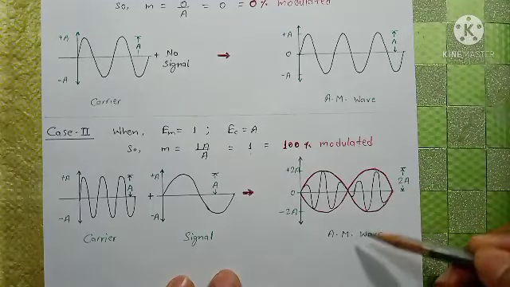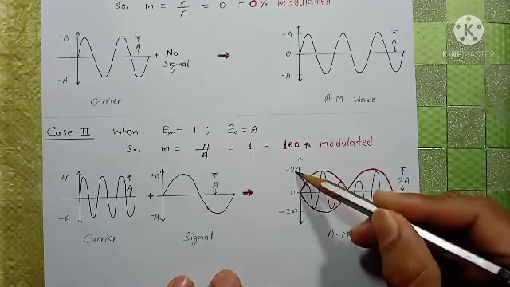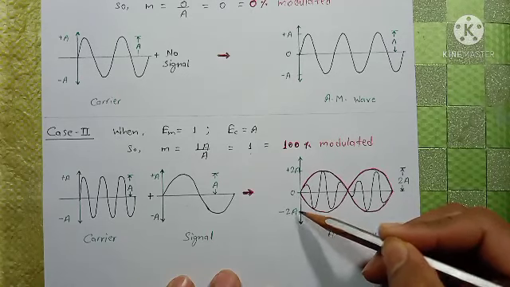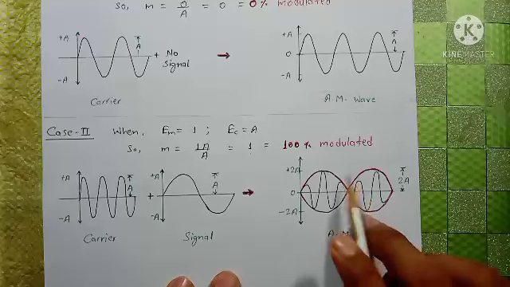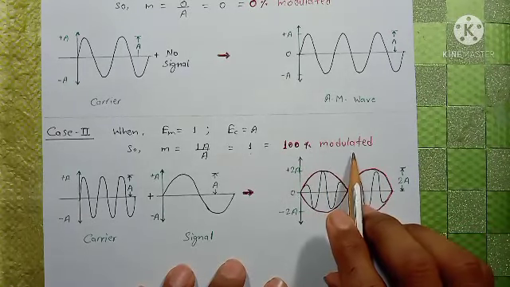The total amplitude of the modulated wave is 2A, and it varies between positive 2A to 0 and negative 2A to 0. In this case, we can say that the modulated signal is 100% modulated.